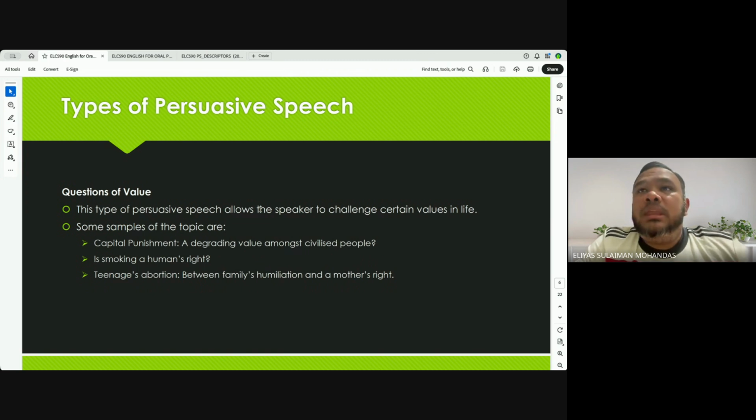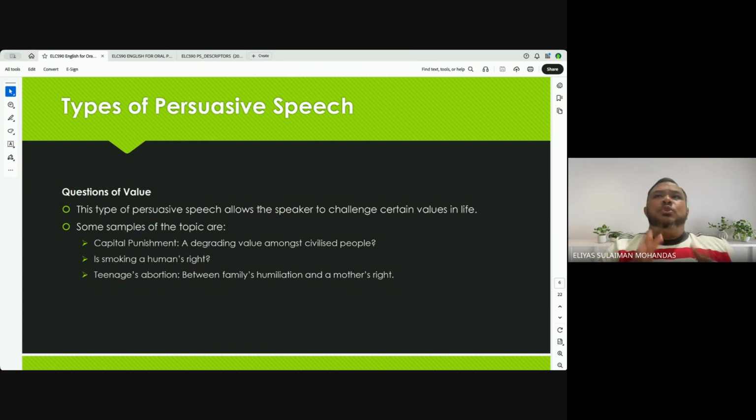Not married but got a child. But the mother who is pregnant believes that it's my right, it's my child, I want to raise him or her. So it's entirely up to me, for example. But you're still underage, and some decisions must be made based on the approval of the parents, stuff like that.